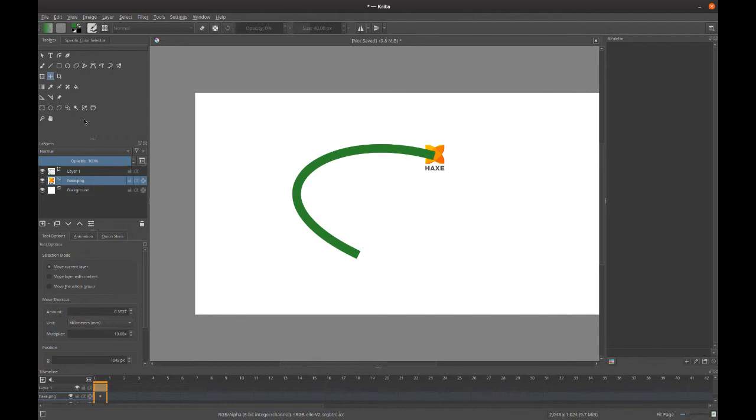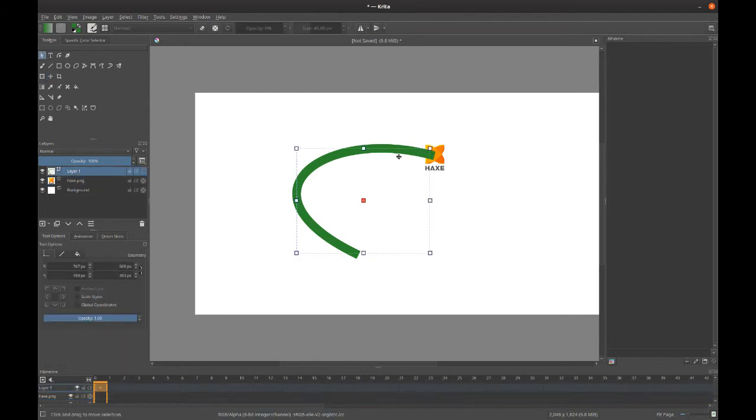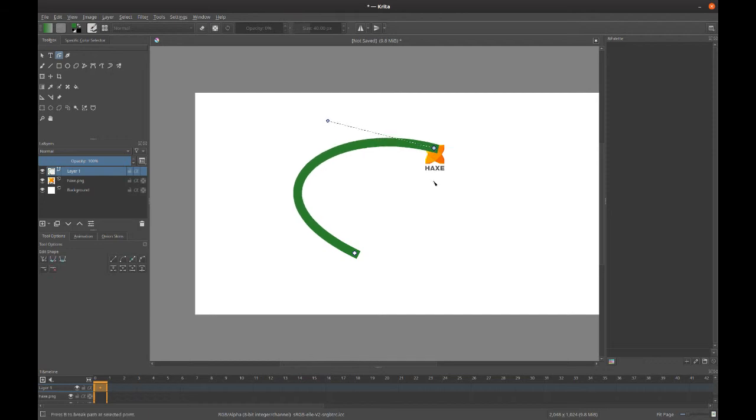This particle is supposed to be one point on this image. There we are. It's supposed to land at the top corner.